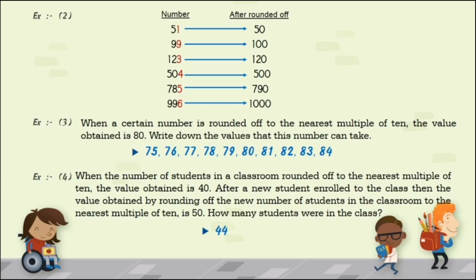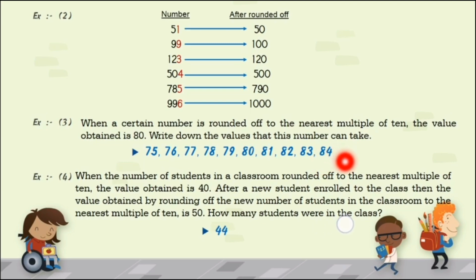If you are thinking about 74, the last digit of 74 is 4. It is less than 5. So when we round off 74 to the nearest multiple of 10, the answer is 70. So we have to start from 75. 75, 76, 77, 78, 79, 80, 81, 82, 83, 84 also we can get.